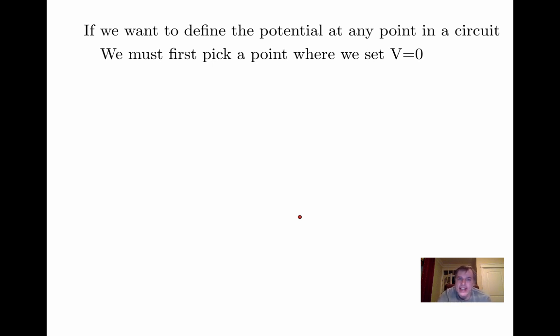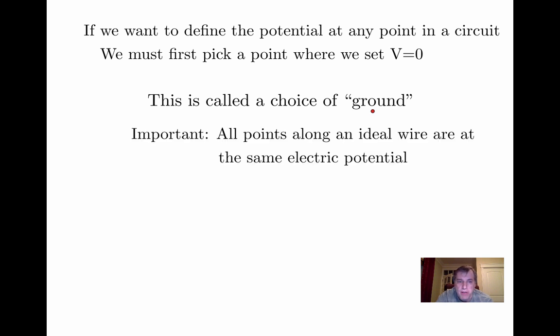Before you can assign the potential at a given point in the circuit, you have to set where V is 0, where the potential is 0. This choice of a point in a circuit set equal to 0 is called a choice of ground. Think of that as being the equivalent of setting where y equals 0 is in mechanics. There's a reason why it's called a ground, but I won't get into that for now. It's a choice of ground.